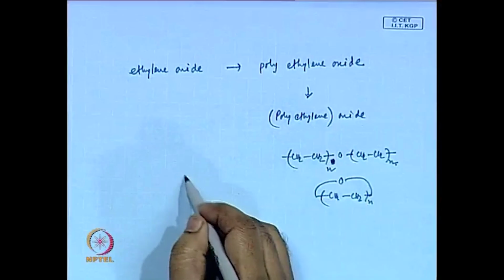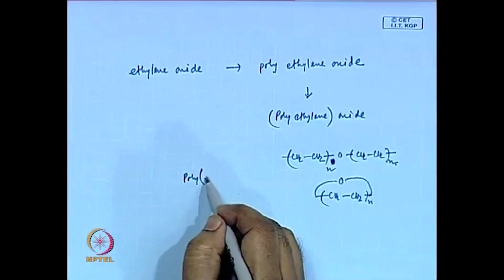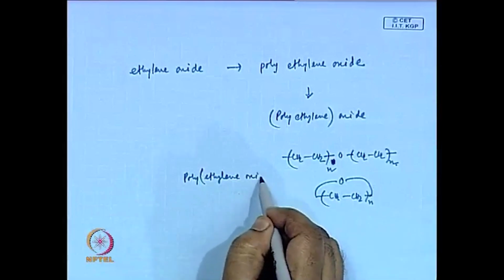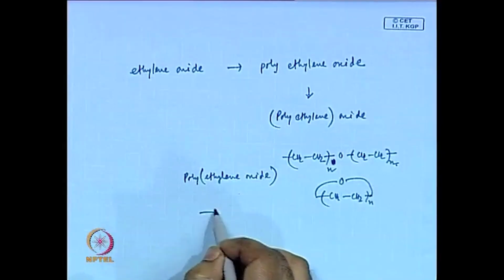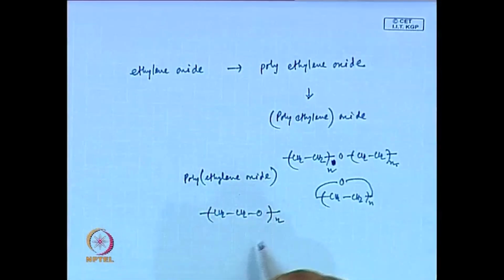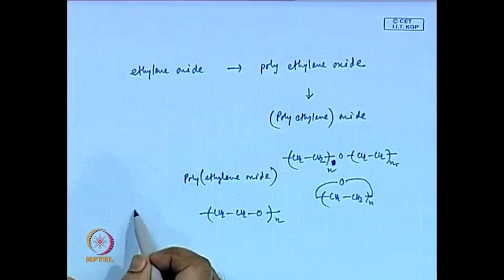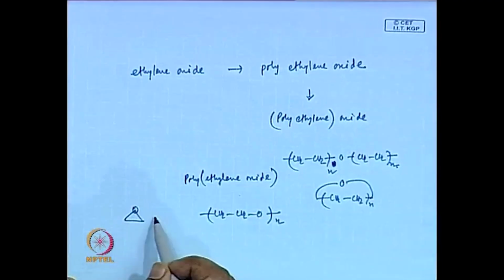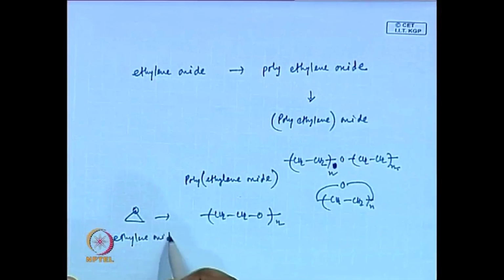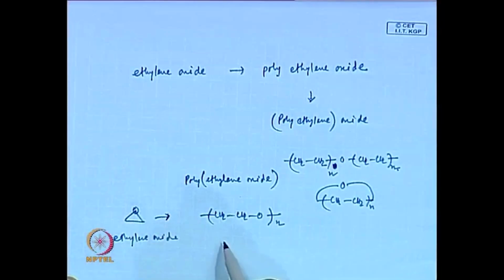write the same molecule polyethylene oxide, with the bracket, then it will mean this. This is polyethylene oxide, which is actually what it is. This is ethylene oxide and you get a polymer from this like this.